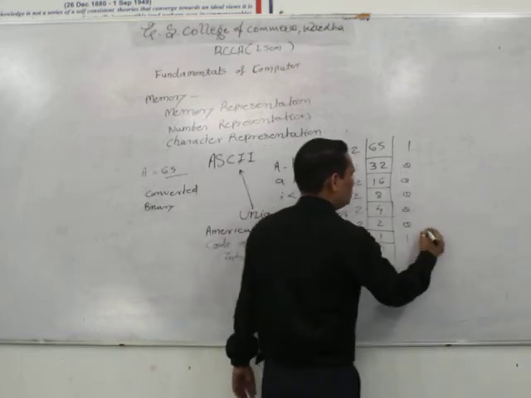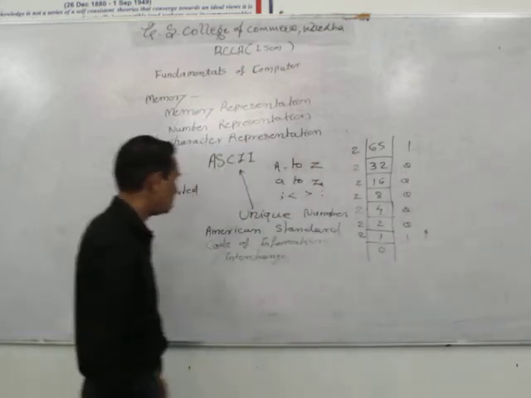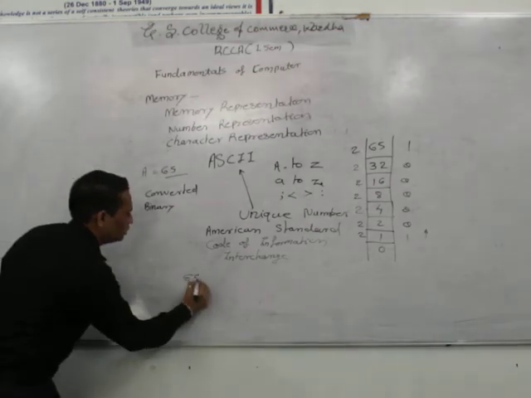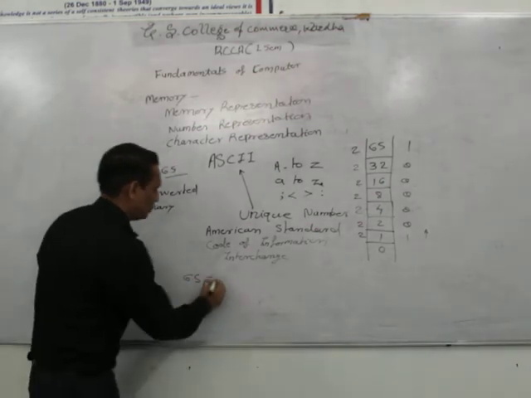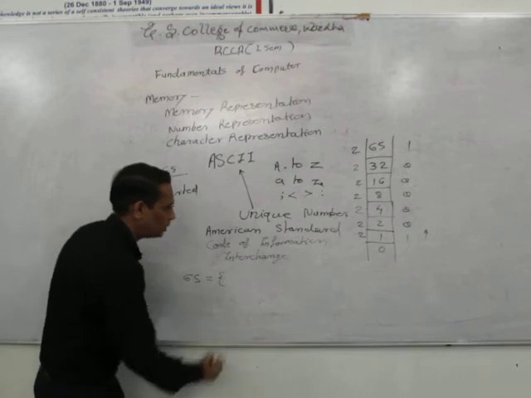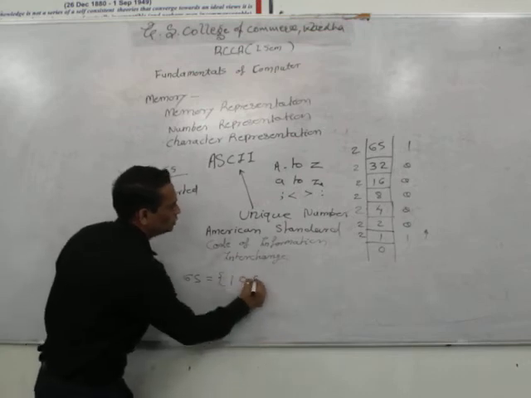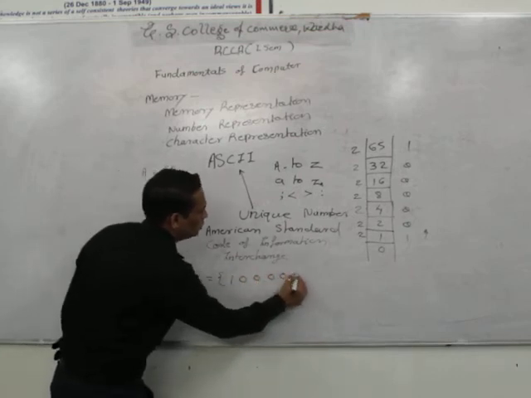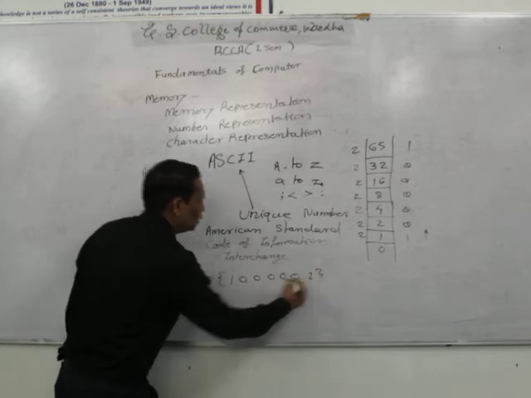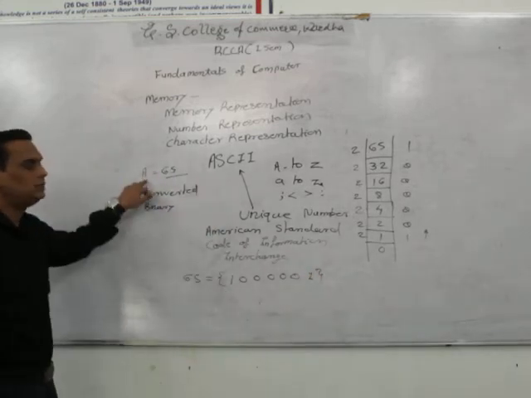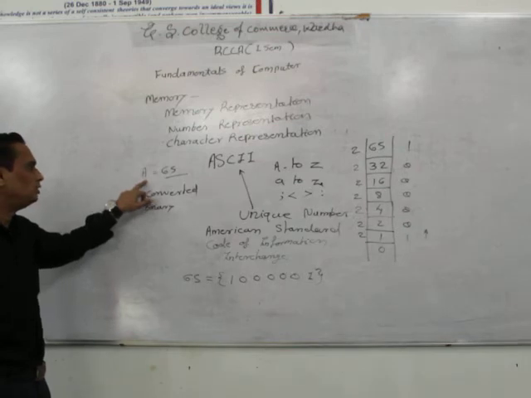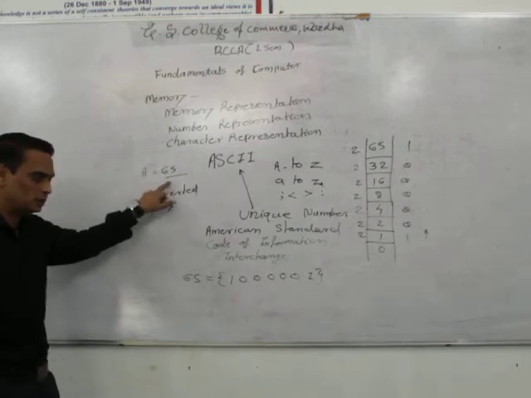From bottom to up, we have the binary equivalent of 65, that is 1000001. Means when we press a key, it will convert into a decimal number.